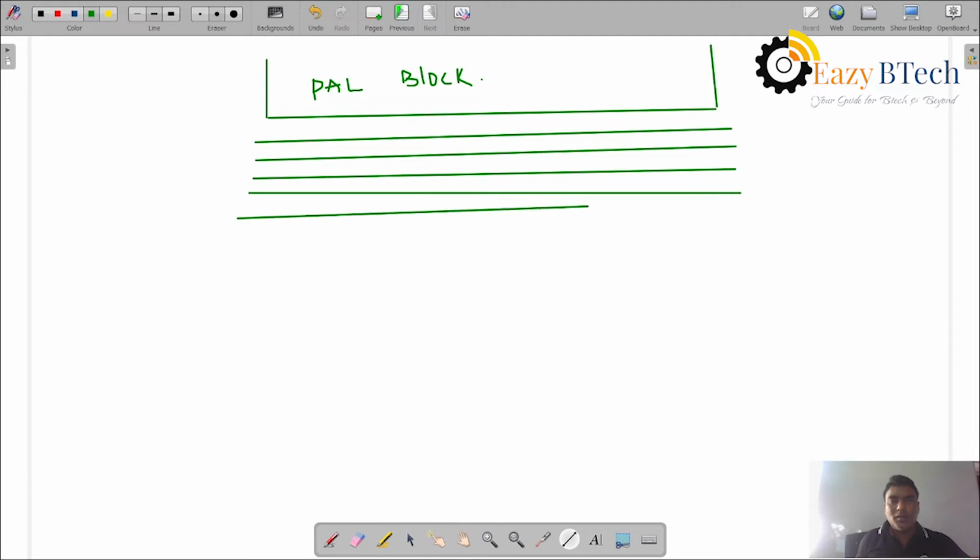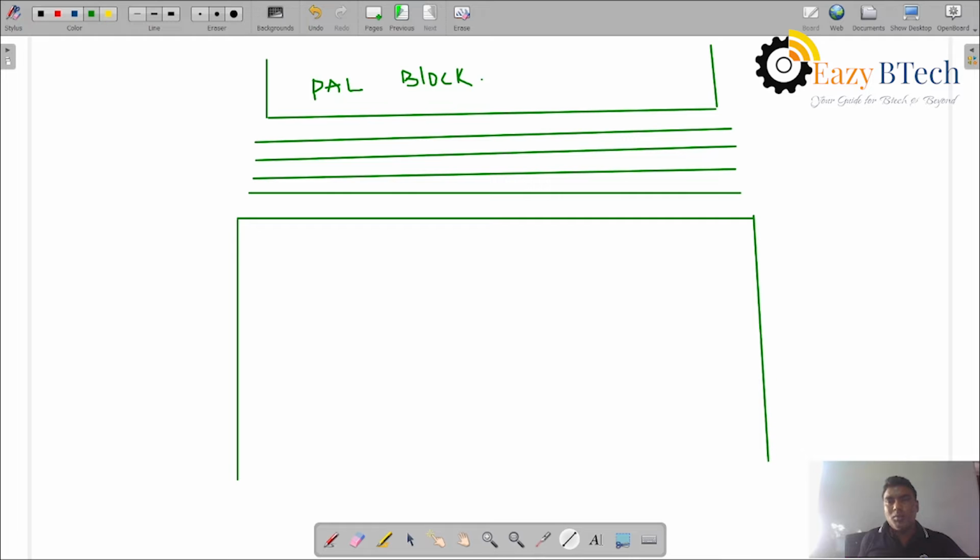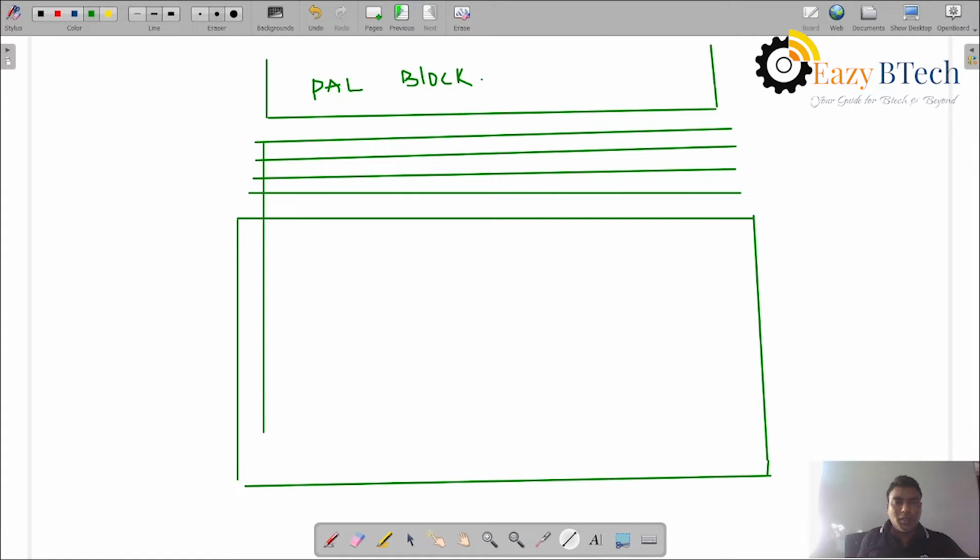This is another programmable PAL block, which are connected with AND planes and OR planes.